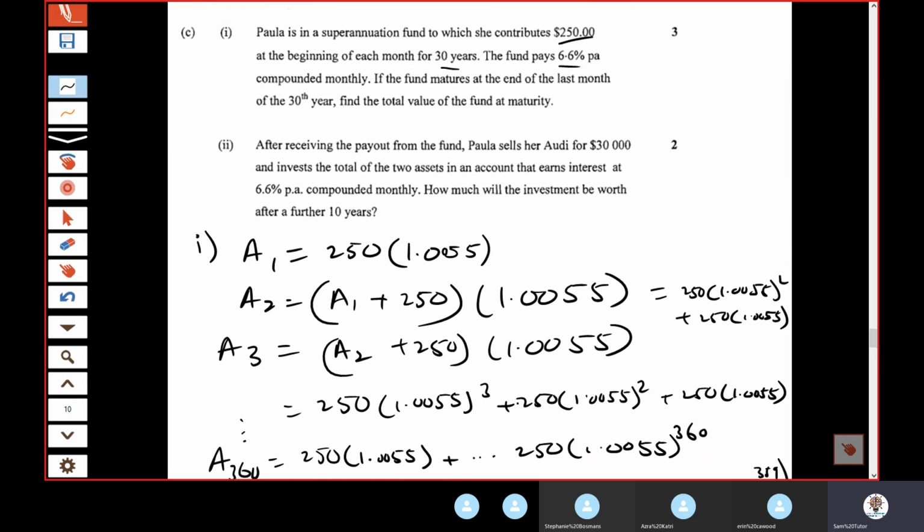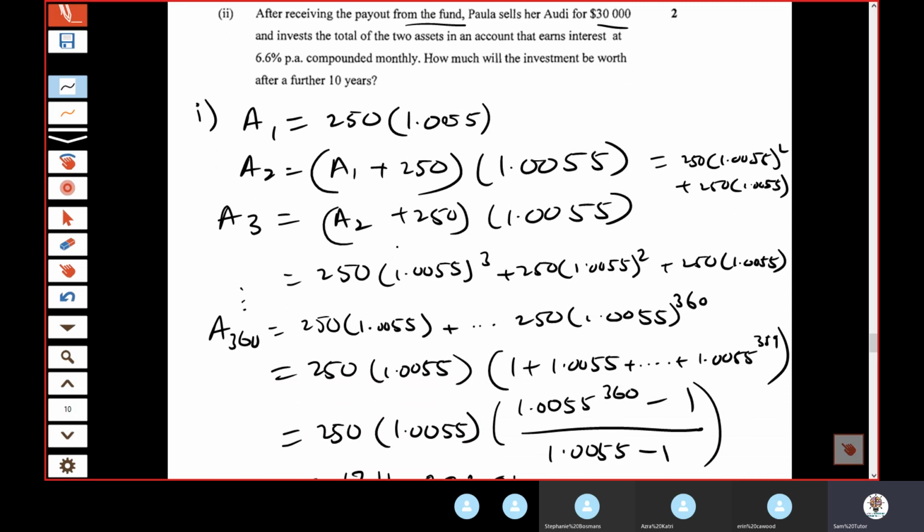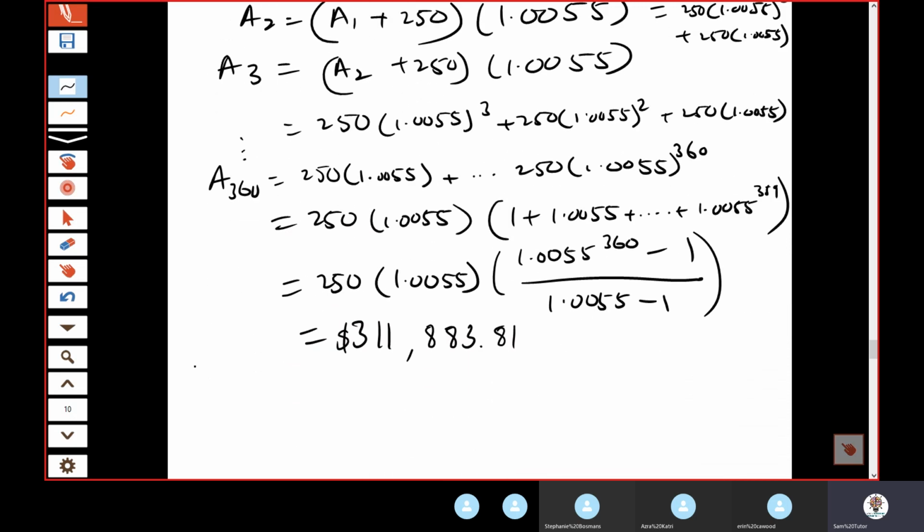Thank you. All right, and then after receiving the payout from the fund, Paula sells her Audi for $30K and invests the total of the two assets in an account that earns interest at 6.6%. How much will the investment be worth after a further 10 years? That just means you start again. But now your A1 looks like this.